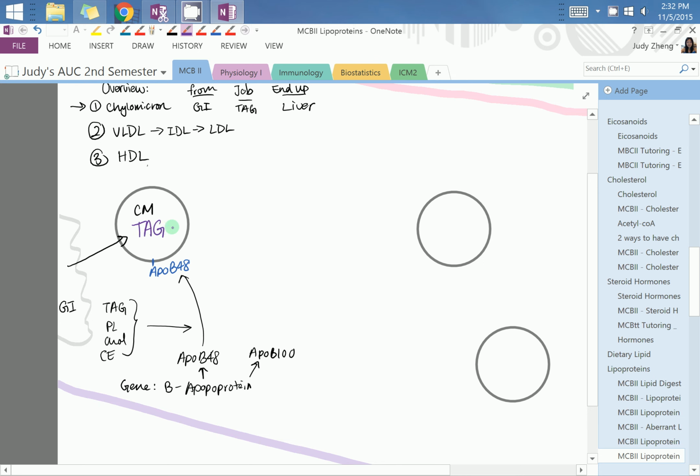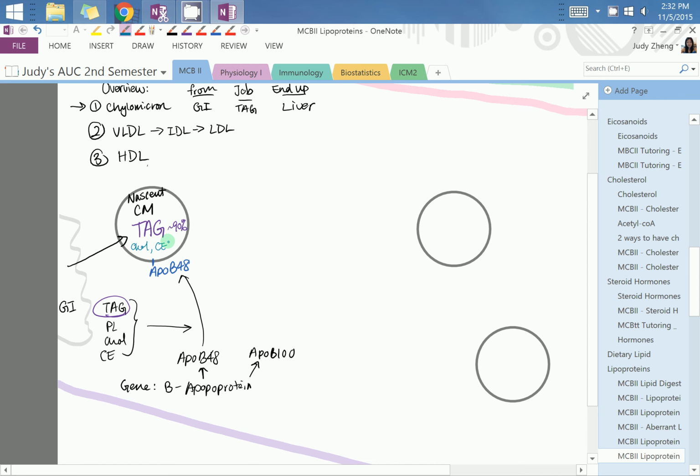I'm going to write this really big. That's like 90% of the chylomicron, so this is the main component. Sorry, this one also has some cholesterol esters. When it's first made, it's considered a nascent chylomicron.